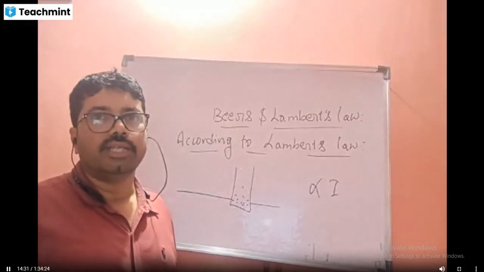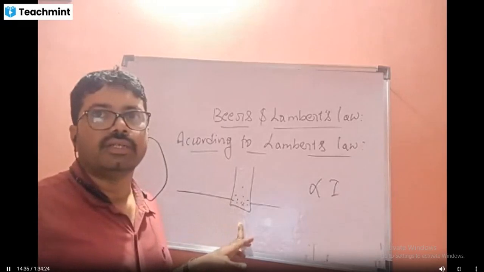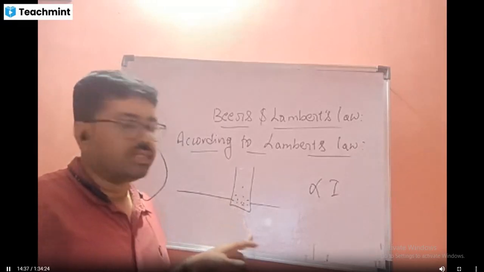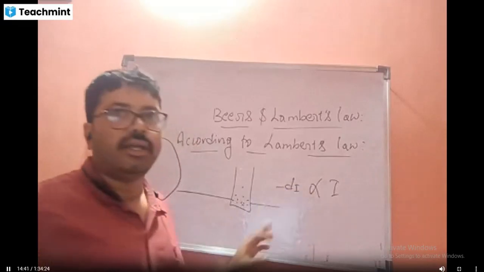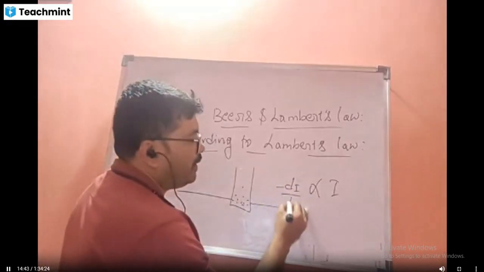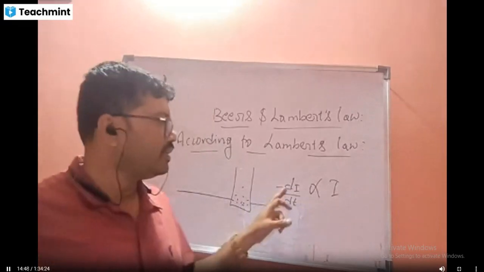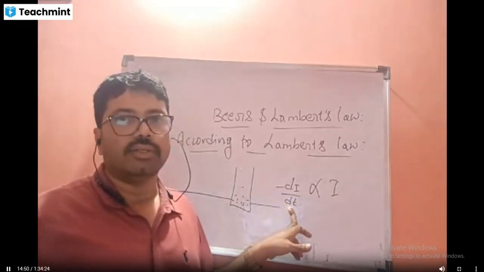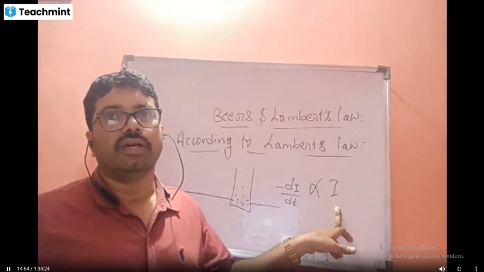The intensity with thickness is direct, means dI by dt. Incident light with respect to thickness is directly proportional to intensity of light.